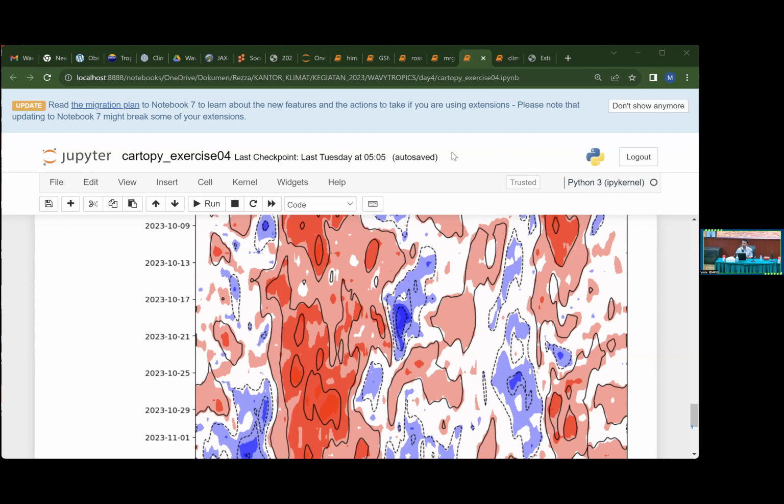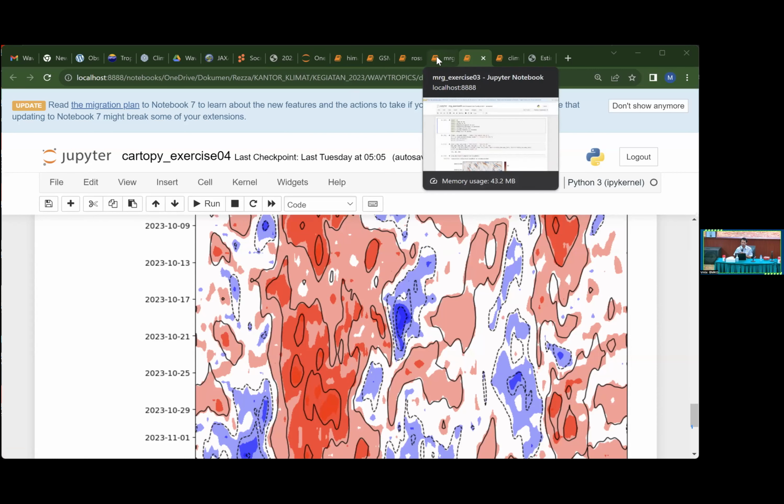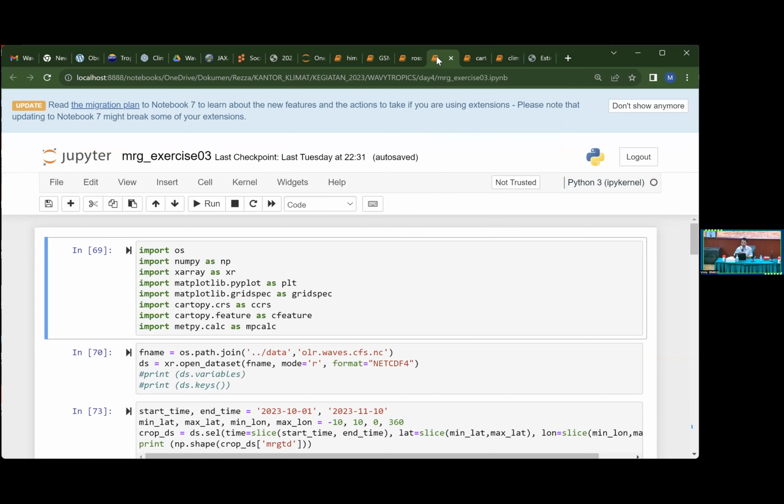Okay, so after you prepare the anomalies like this, you do the filtering, and let's move on to the filter itself. Next exercise is to see, because in the Hovmöller diagram we don't do any filtering, right?